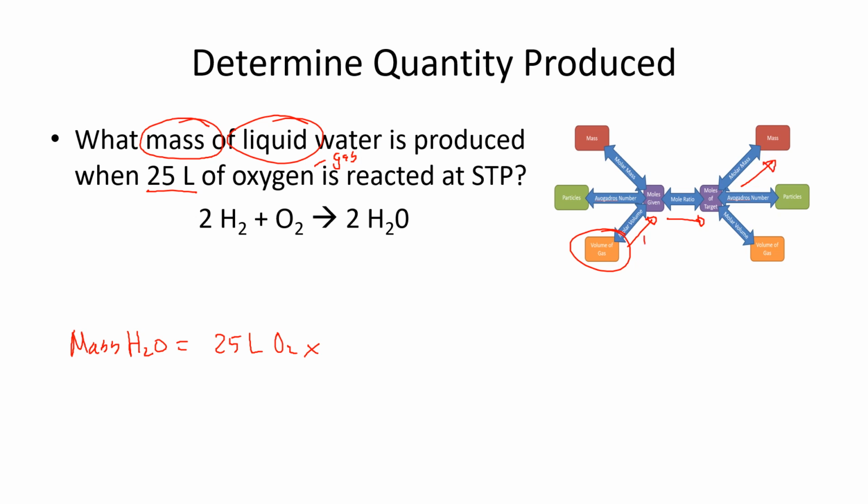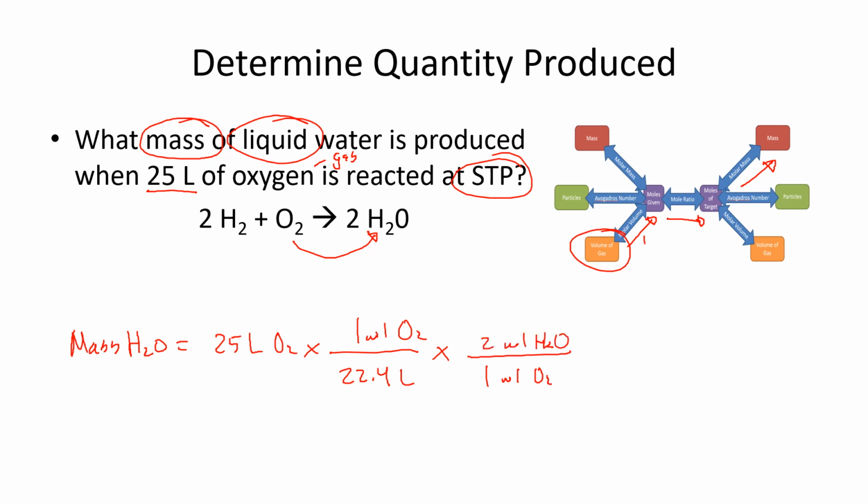So step 1, convert to moles. So the molar volume of any gas at STP is 22.4 liters per mole, and that'll convert us into moles of oxygen. The second step is for using the mole ratio. So we have the balanced equation here, and we want to go from moles of oxygen to water, and there's 1 mole of oxygen in the balanced equation for every 2 moles of water.